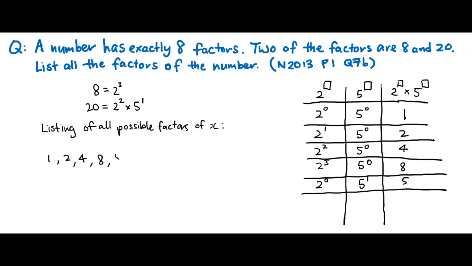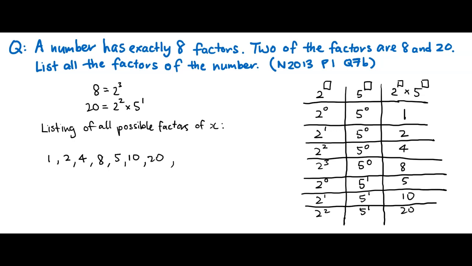I have a smaller factor, 5, but like I said, it doesn't matter. 2 to the power 1 times 5 to the power 1 is going to give me 10. And 2 to the power 2 multiplied by 5 to the power of 1: this is 4, and 4 times 5 gives me 20.